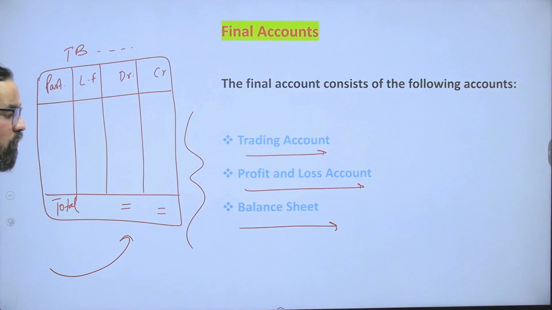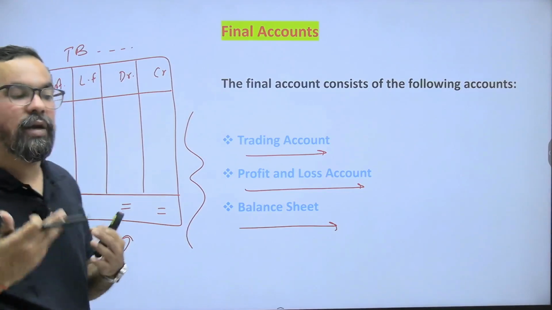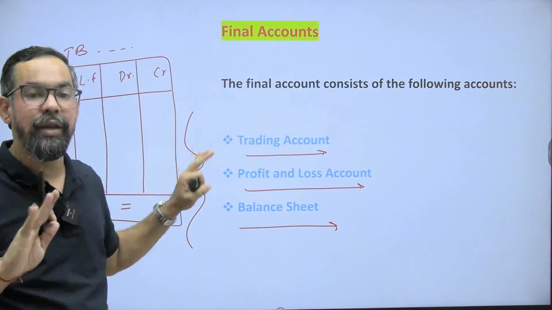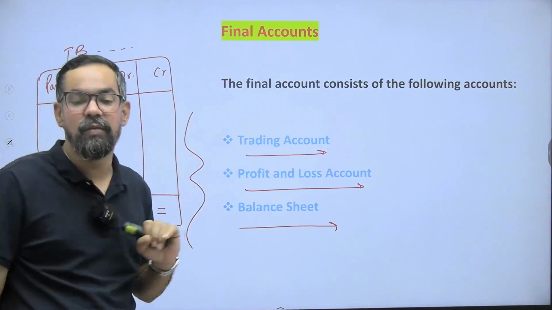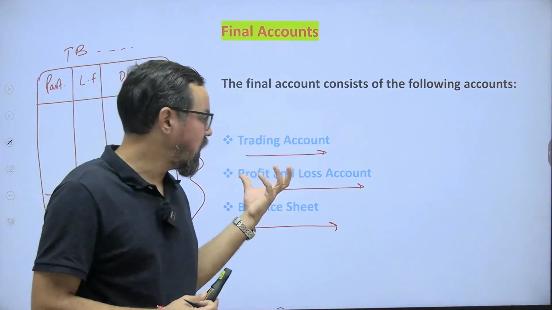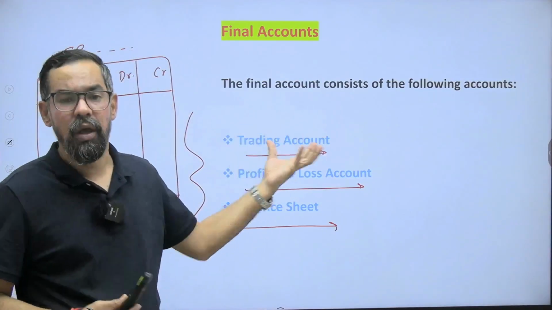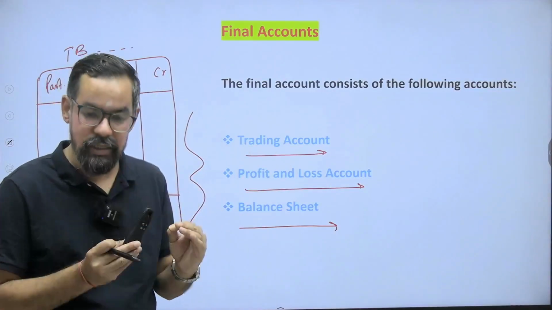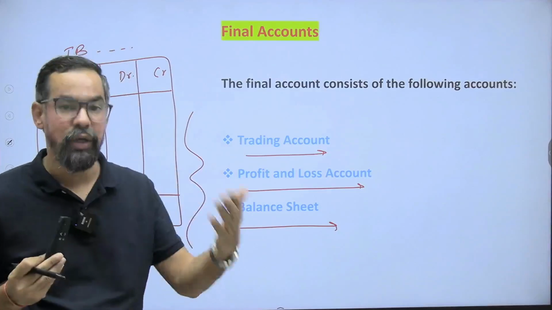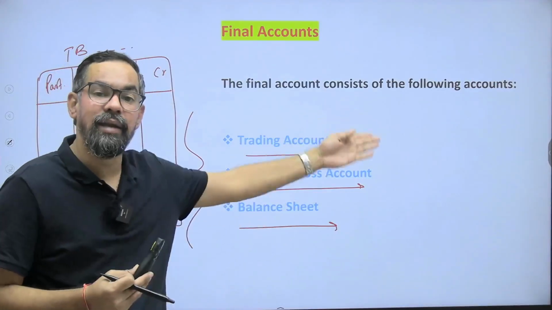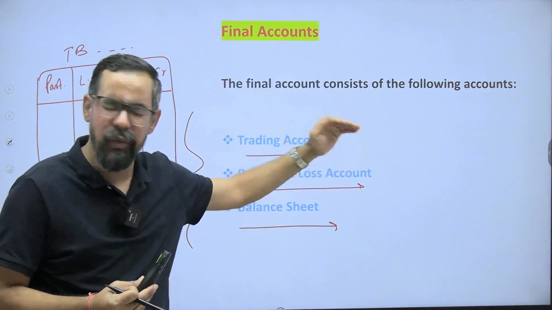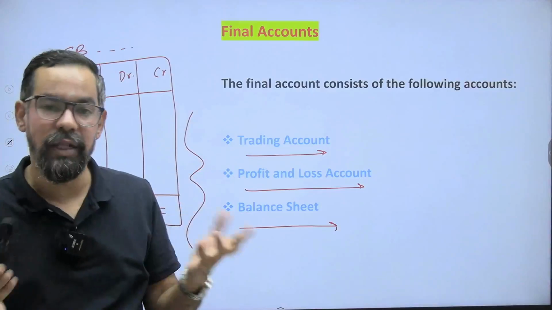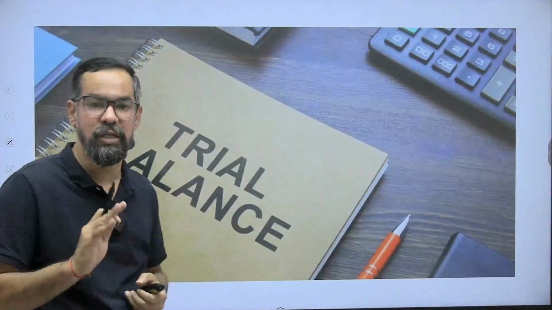So now we are trying to interpret and summarize those numbers of entries and ledgers so we can make decisions: what is the gross outcome of our operating activities, what is the net outcome of our business activity, whatever sales and purchases we have done during that period, and how that gross or net profit or loss is going to make an impact on your assets, liabilities, and equity. That is the objective of preparing these accounts.